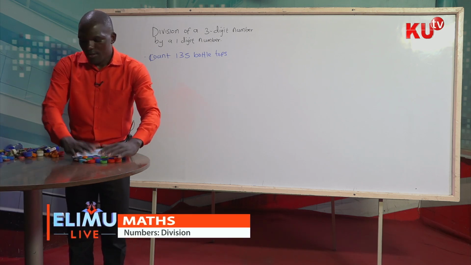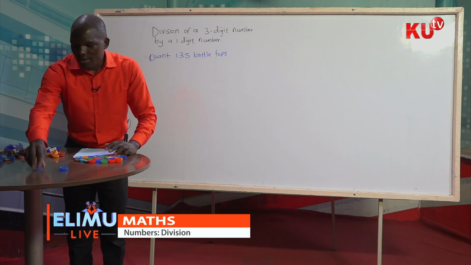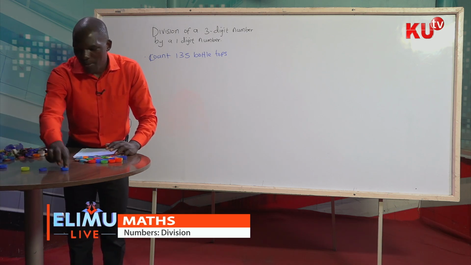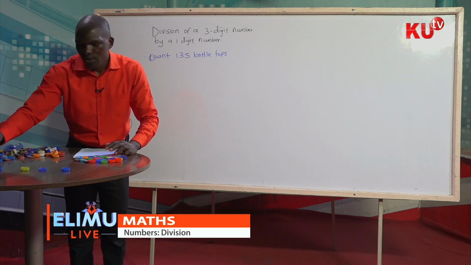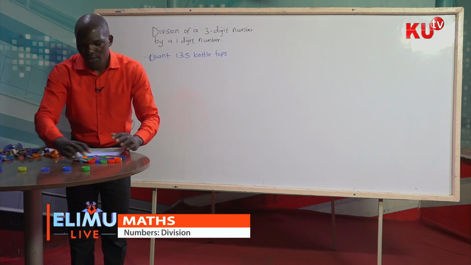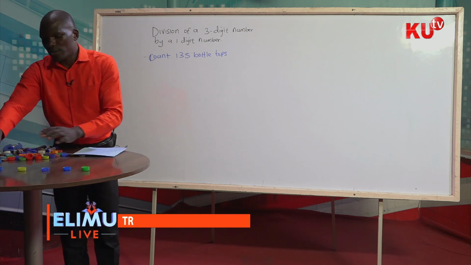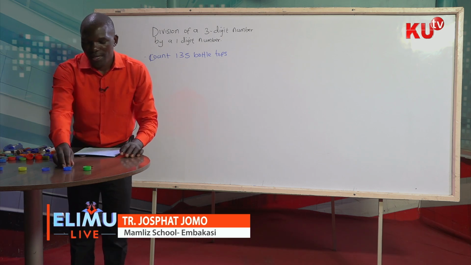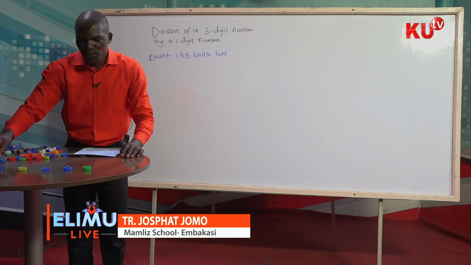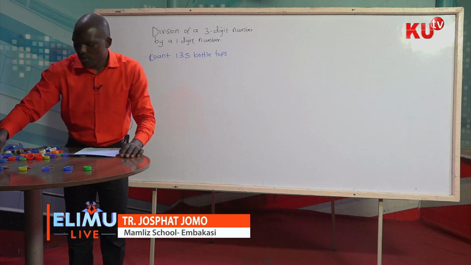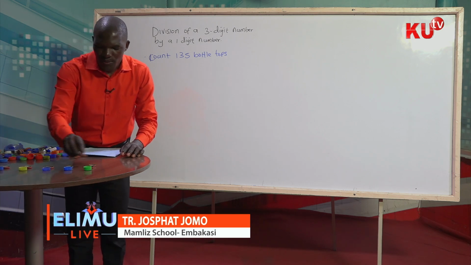So these are 5 bottle tops, whereby we are required now to arrange 135 of them into the 5 groups. So what you are required to do, you should make sure that you start putting one bottle top to every group as we go.